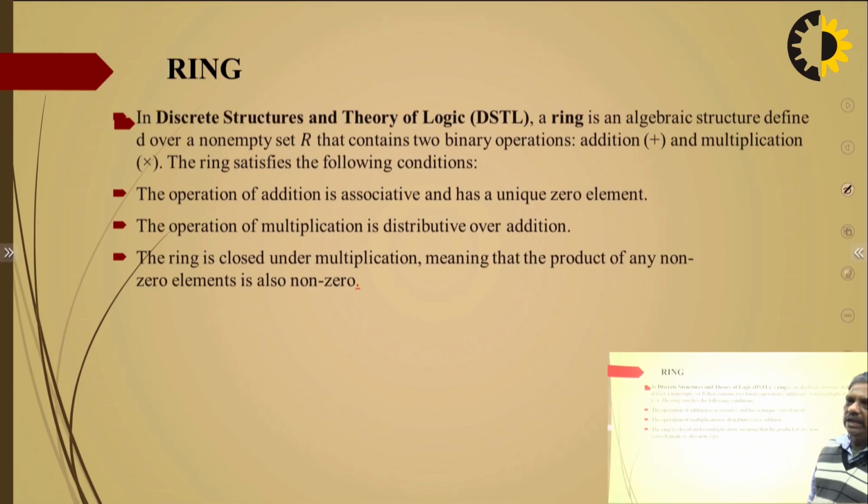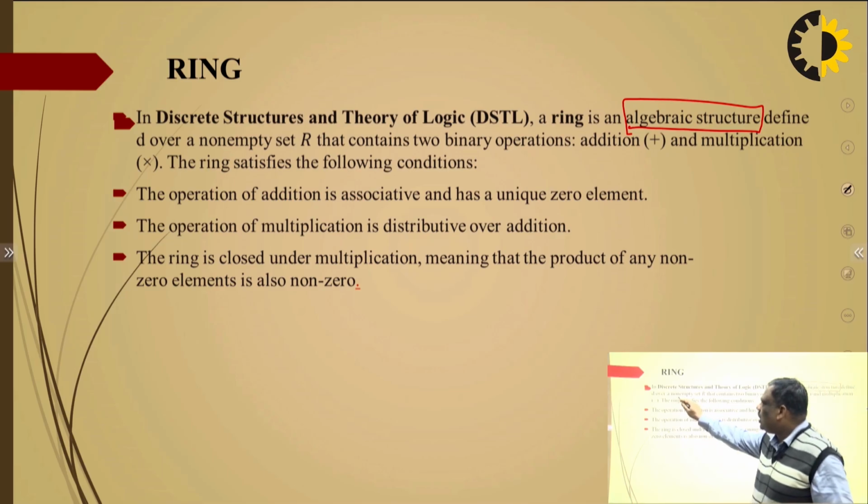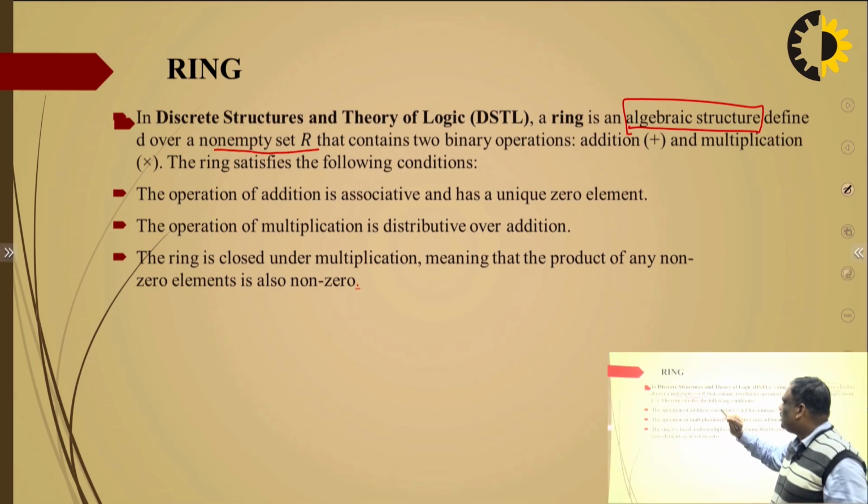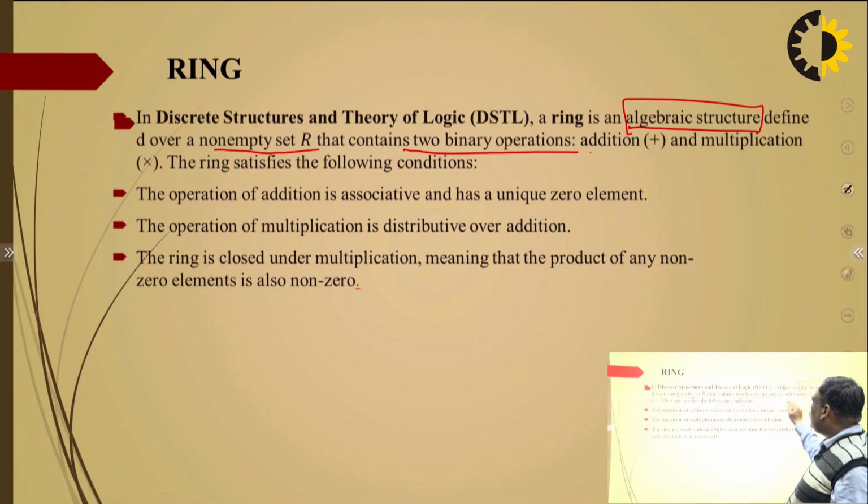So what is a ring? In discrete structure and theory of logic, a ring is an algebraic structure defined over a non-empty set R that contains two binary operations, addition and multiplication.